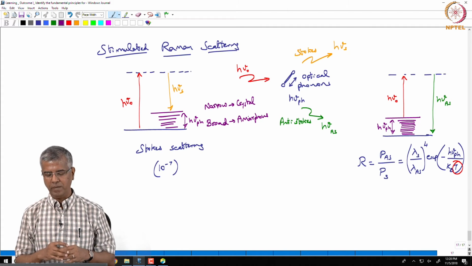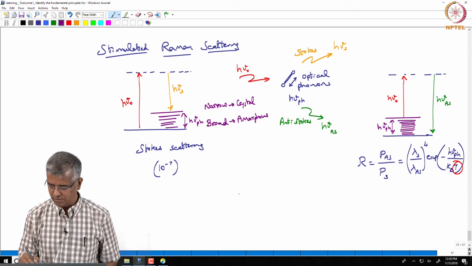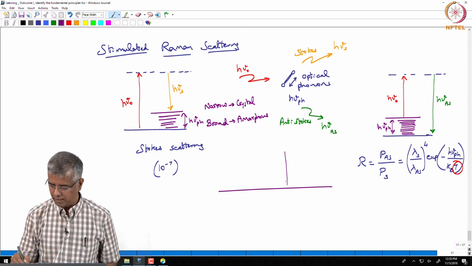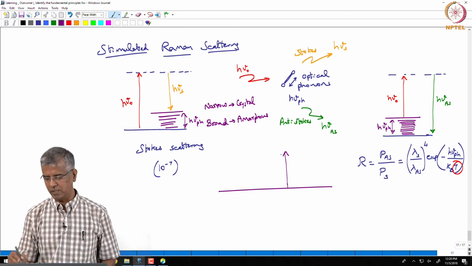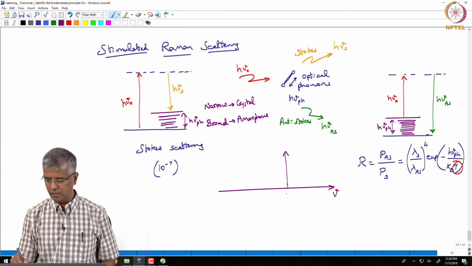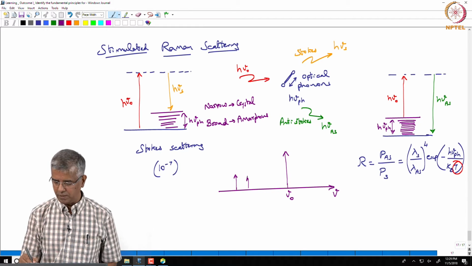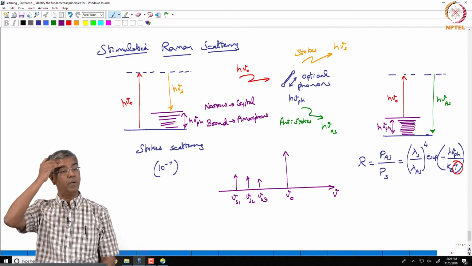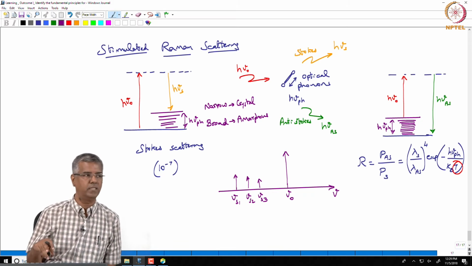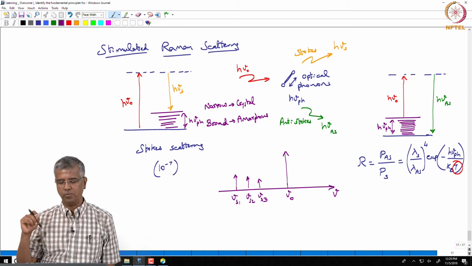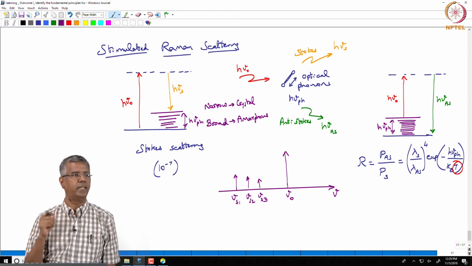So, when you look at that scattered light, we are saying, okay, I am illuminating with this frequency. Let us just talk in terms of frequency. This is my nu naught. Then when I look at my scattered frequency, I can have multiple components, nu s1, nu s2, nu s3 and so on, right. Each of those components is representative of a particular molecule in that material.